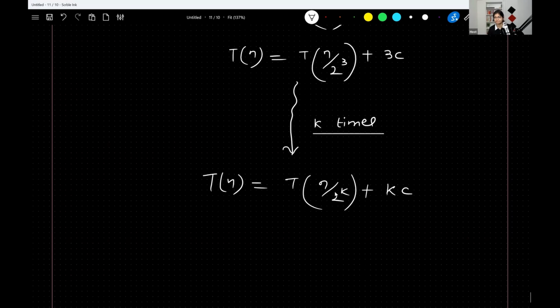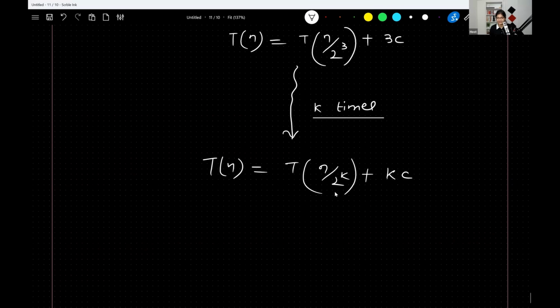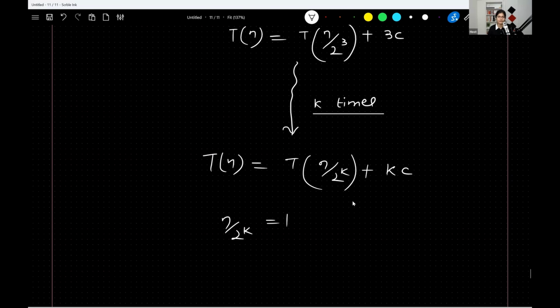Can I say? Now, what is the base case scenario when the value will become 1? Because we know the value of T of 1 only, right? When the value of n is 1, at that point of time, it's a constant task. It's a c. So solve this.